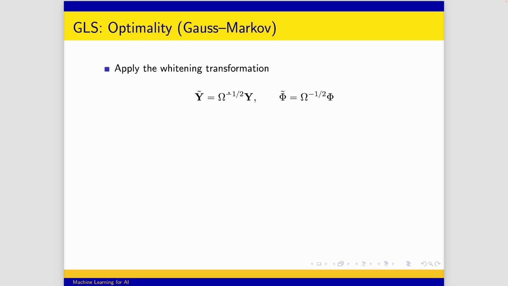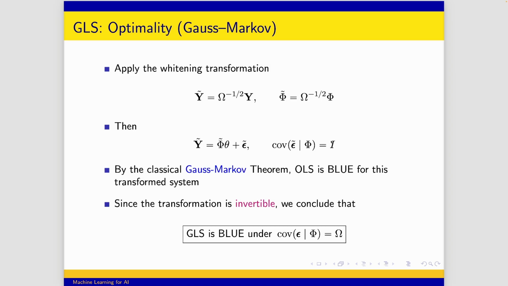So let's apply our whitening transformation. And what do we get? We get this system here in which the noise is white or spherical. And we know from Gauss-Markov that if we use OLS, this is BLUE. So the ordinary least squares solution for this problem is the best linear unbiased estimator.